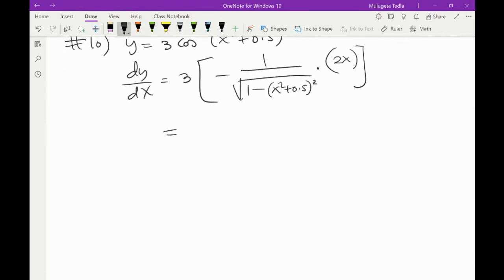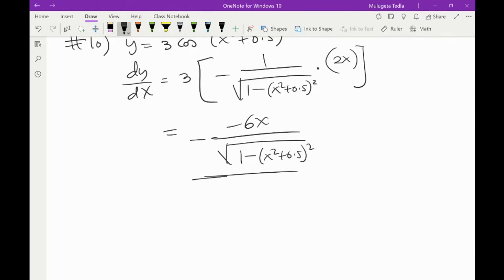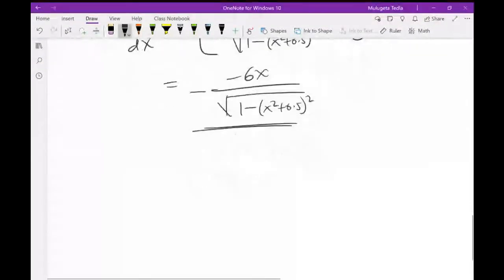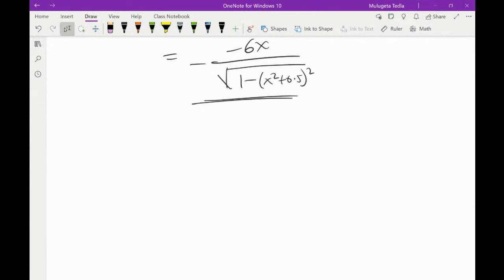So minus 6x over square root of 1 minus x squared plus 0.5, the whole square. So you just follow the pattern, okay?